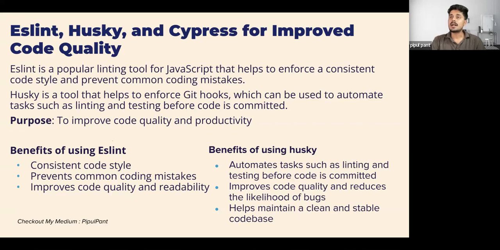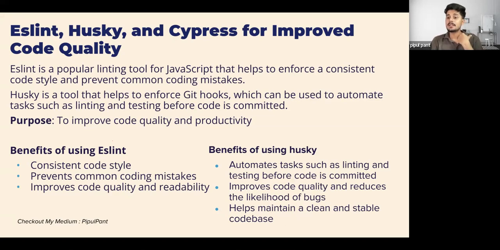If it is a large team, suppose you are working with a QA team of 10 to 15 members, then you can find a variety of ways of writing test cases. So to overcome that issue, we can use ESLint, Husky, and Prettier. Basically, ESLint provides certain rules.